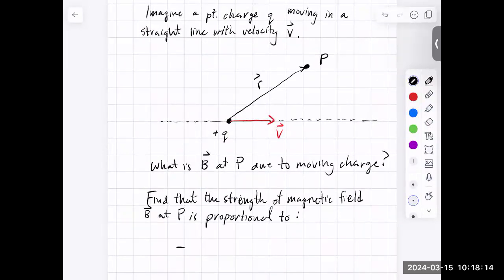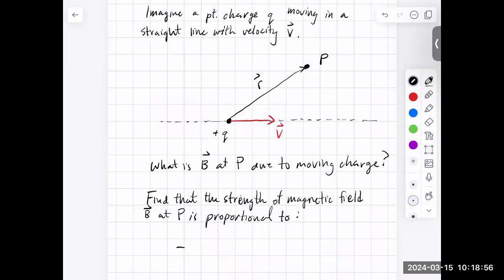Okay, the first one is, what we could do to find the magnetic field at P is maybe we place a compass there, and somehow we design a little apparatus that measures the torque on the compass needle, like how strong is the twist on that compass needle? And that would tell us something about the strength of the field, okay? And so we set this up and we do this measurement with charge Q, and then we do the exact same measurement where we replace Q with something that is twice the charge, so 2Q.